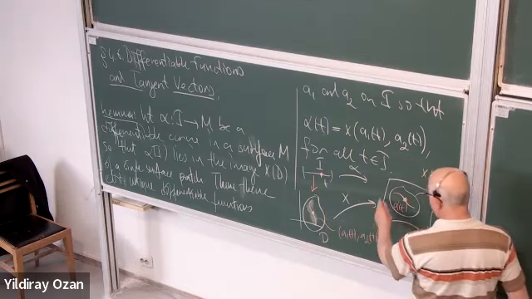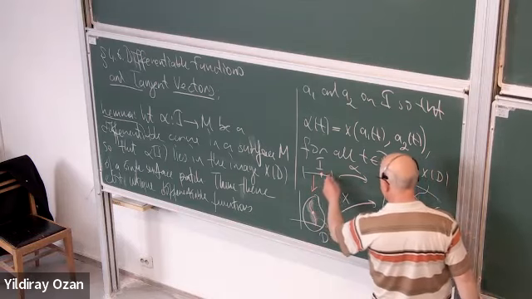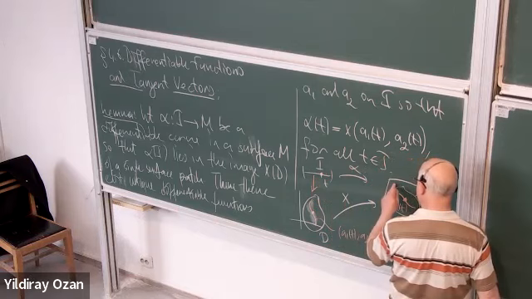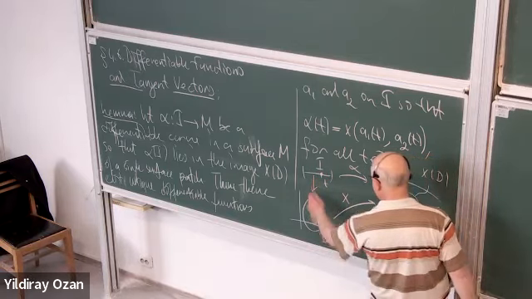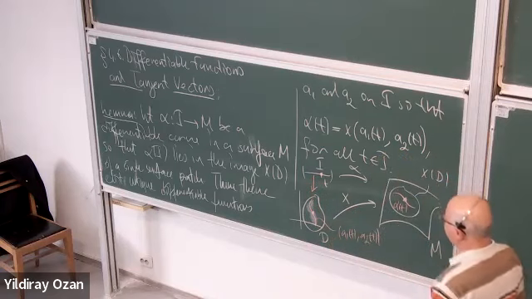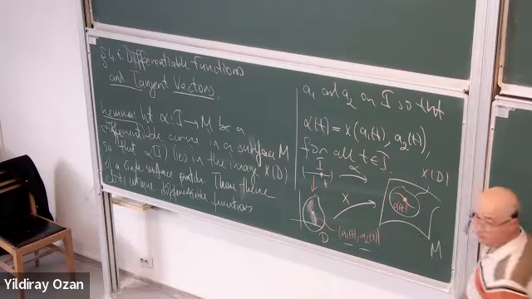Therefore, x has an inverse, so I can just go backwards, and first I come with alpha, and then I go with x inverse. Then I will obtain this a1, a2. But the statement is that these are differentiable functions.